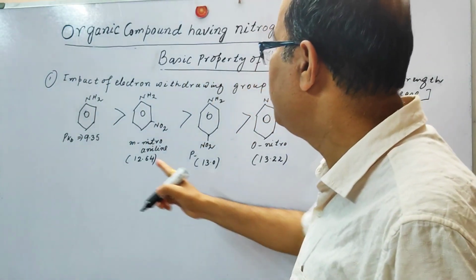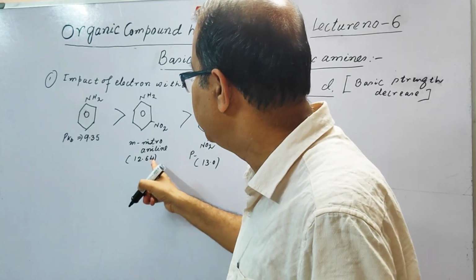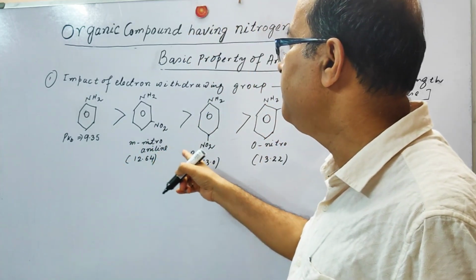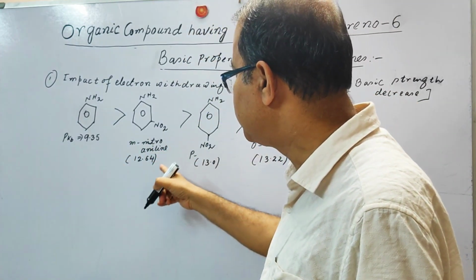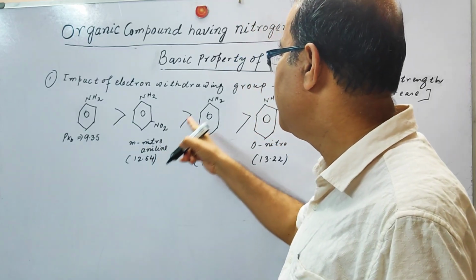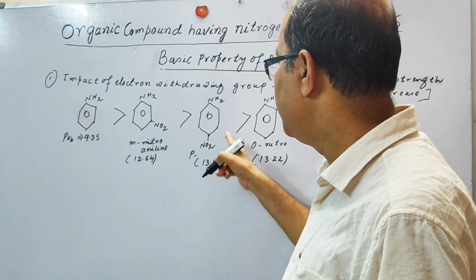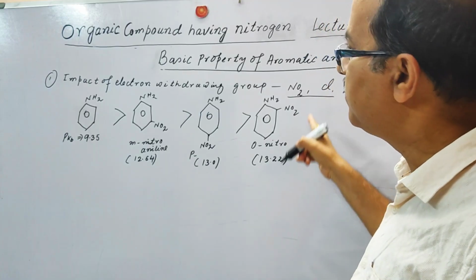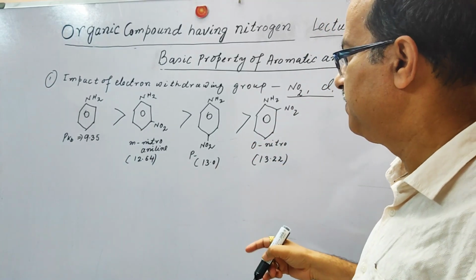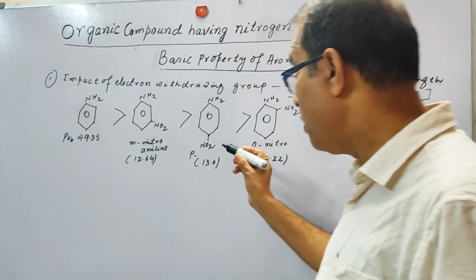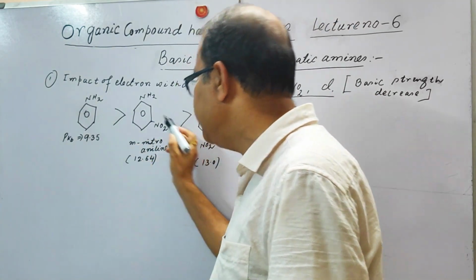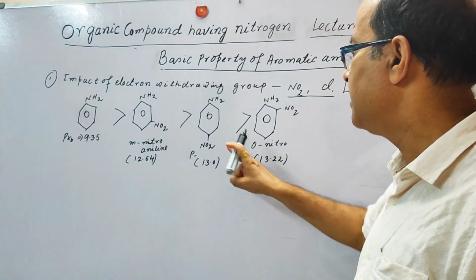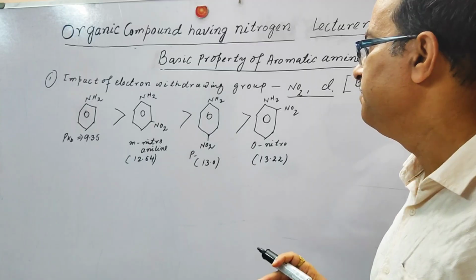So from this pKb value we can understand that meta-nitroaniline has the higher basic strength as compared to para-nitroaniline, and ortho-nitroaniline has the lowest basic strength. And the question arises, why does meta-nitroaniline have the higher basic strength as compared to para-nitroaniline?